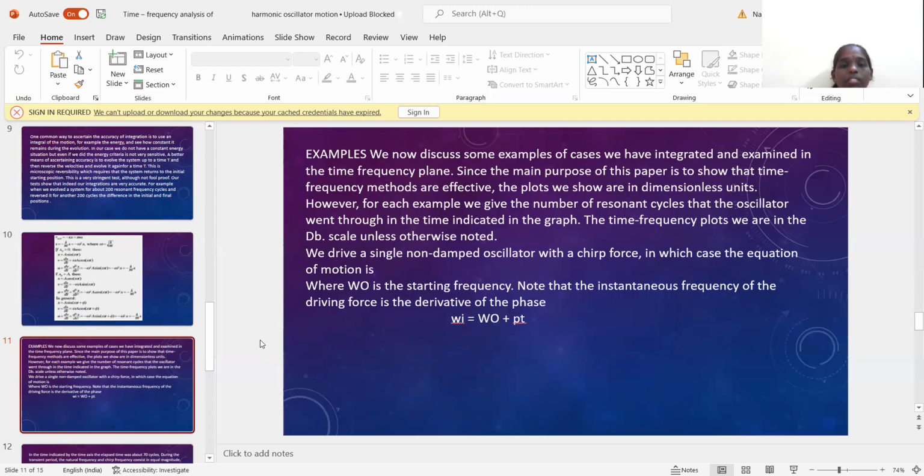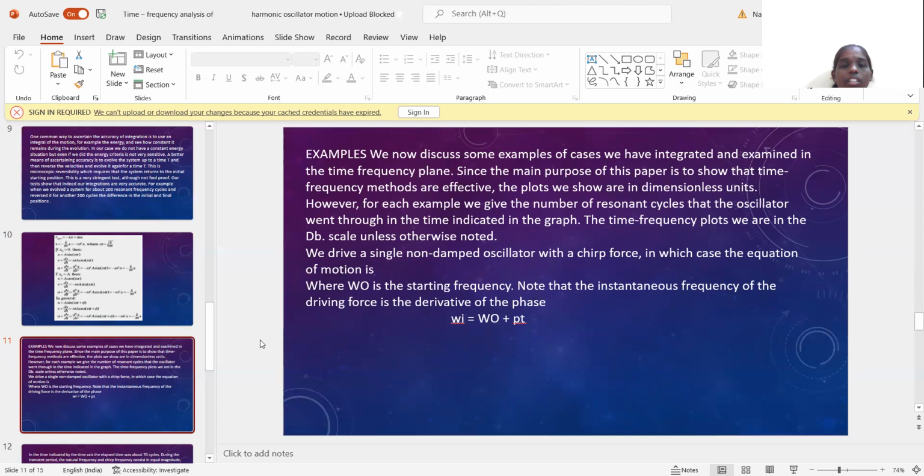Examples. We now discuss some examples of cases we have integrated and examined in the time frequency plane. Since the main purpose of this paper is to show that time frequency methods are effective, the plots we show are in dimensionless units.